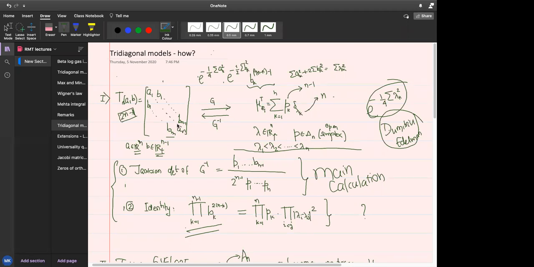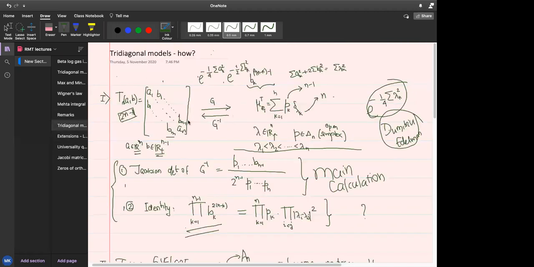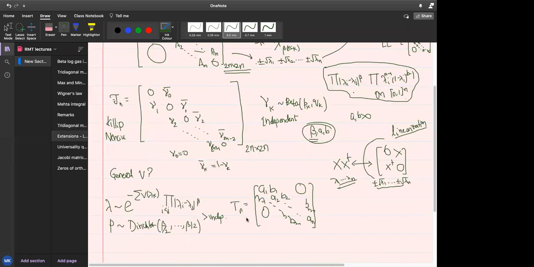So in principle, it's always possible to do this, because you choose your lambda according to this density, and you make P according to the correct one, which is the Dirichlet distribution with parameters half beta so many times, and then make them independent. Then you take that as the spectral measure and apply G inverse, and you will get a random matrix. What distribution does it have?